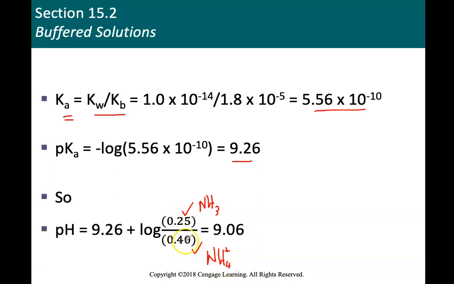So what are the concentrations given? It is there in the question, so it's 0.25 over 0.4, and we get 9.06. So notice the difference. This is a basic buffer, and its pH is greater than 7. In the previous one, it's an acidic buffer, pH of less than 7.